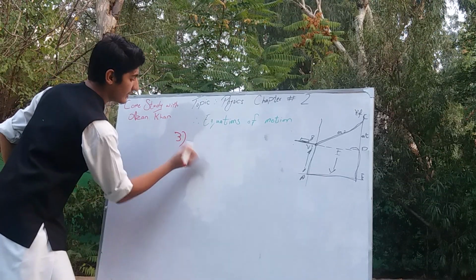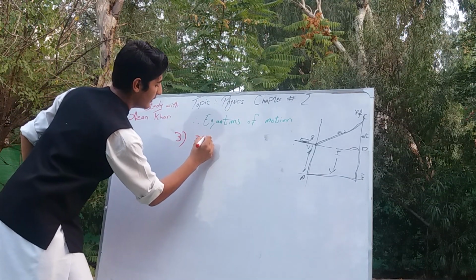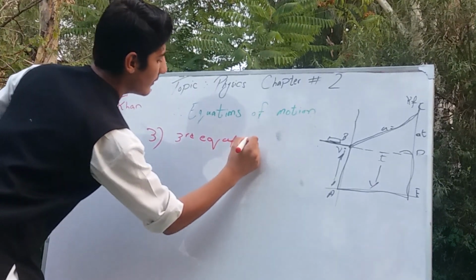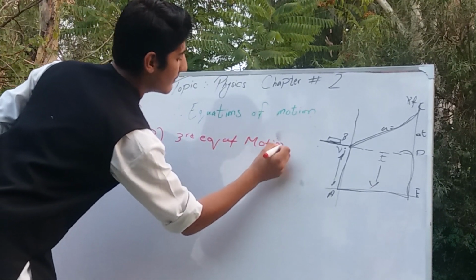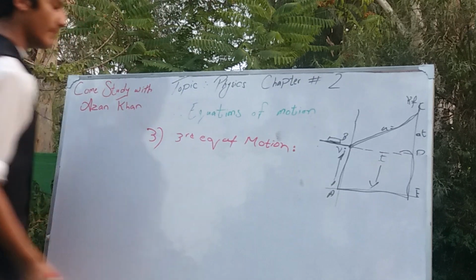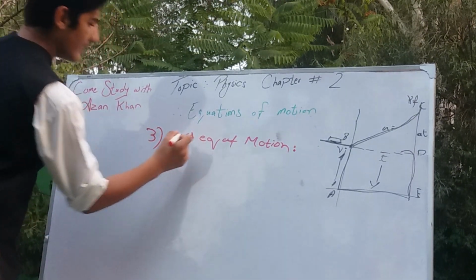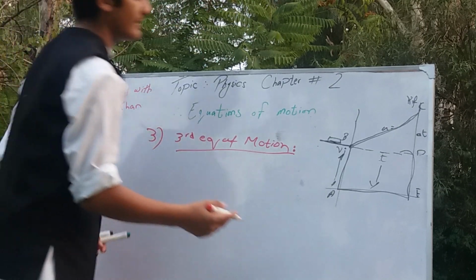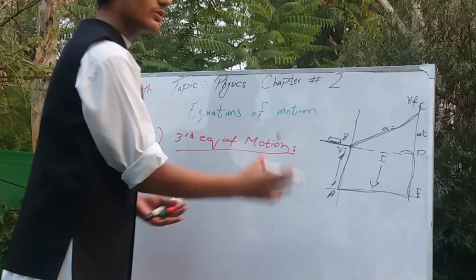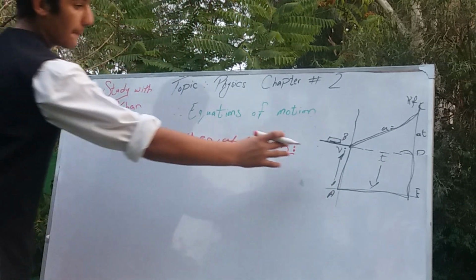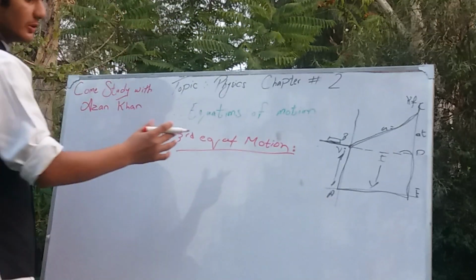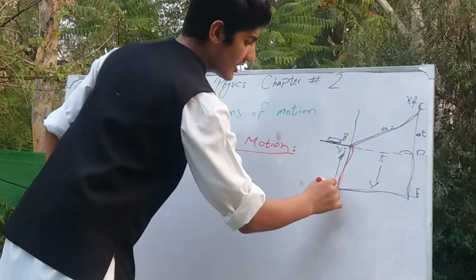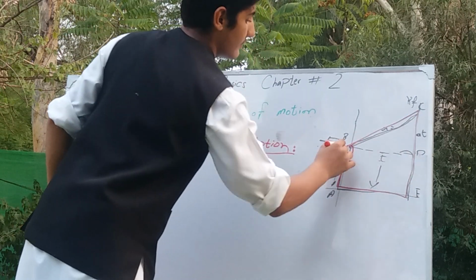Now it is the turn of the third equation of motion. It has no story, it is just to solve. In the third equation of motion, this is the whole journey traveled by a car.